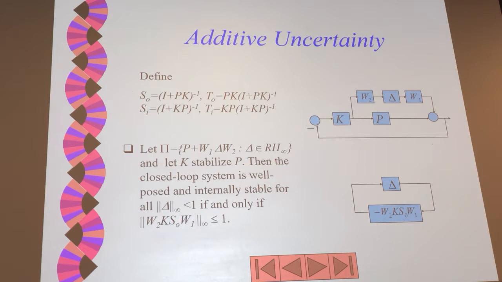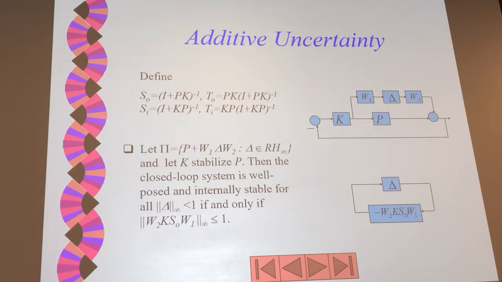So let me do one thing with you. Say, for example, you have a control system, you have a plant, this is a nominal plant, this is K, and you add an uncertainty that is normalized to 1, less than 1. So we scale or normalize it such that the infinity norm of delta is less than 1. So it has a nominal model and a normalized, scaled uncertainty with infinity norm less than 1.